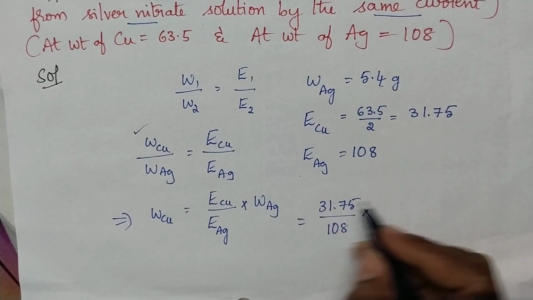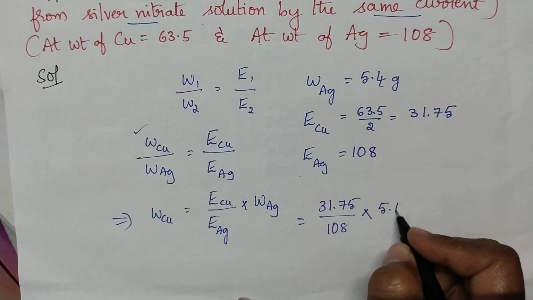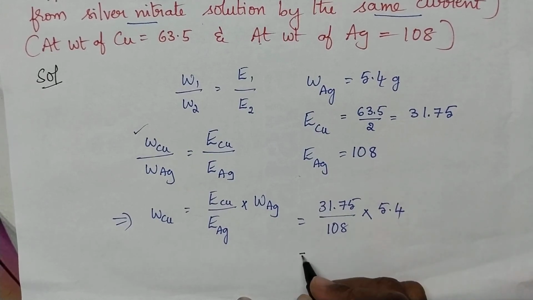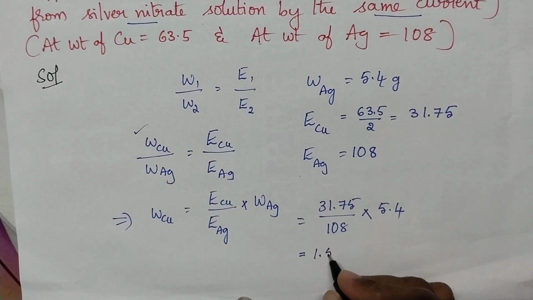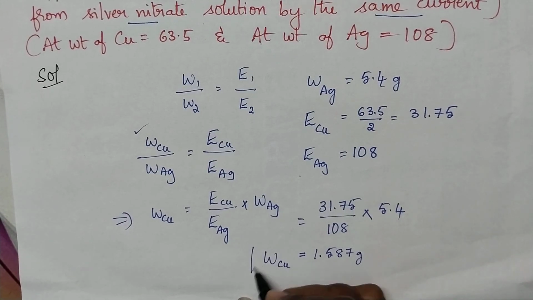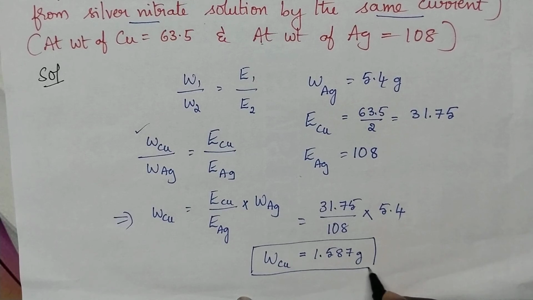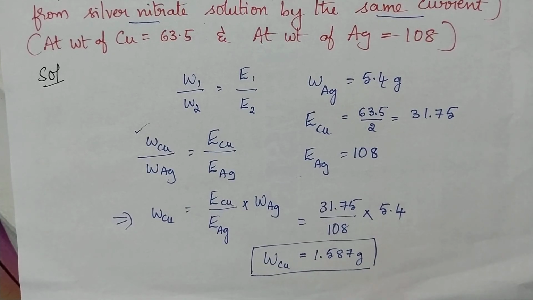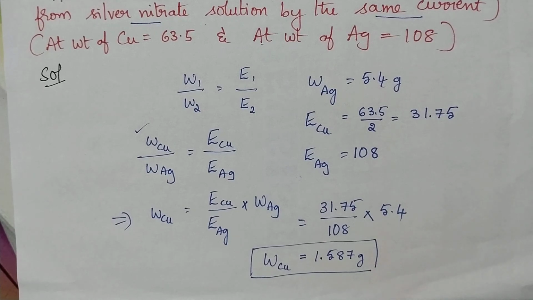Into what is the weight of silver deposited? That is 5.4, and hence it is finally equal to 1.587 grams. So what is the weight of the copper deposited, students? That is equal to 1.587 grams. This is all about Faraday's first and second law and problems related to Faraday's first and second law.